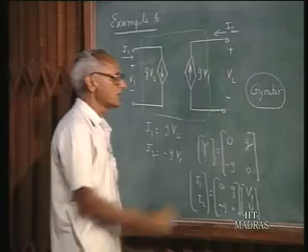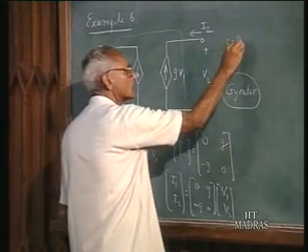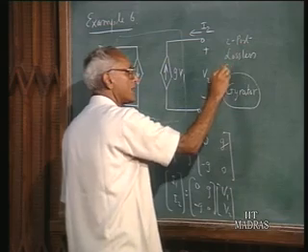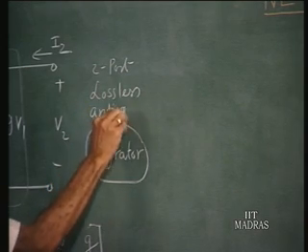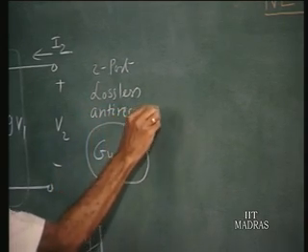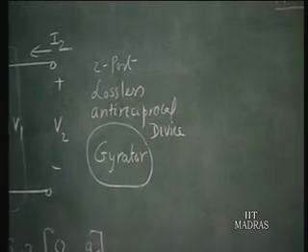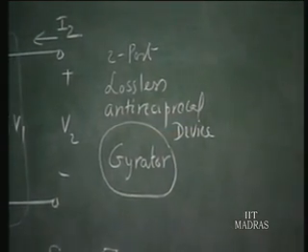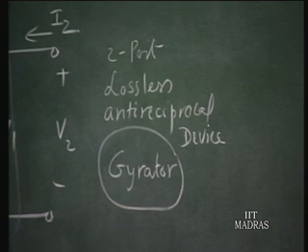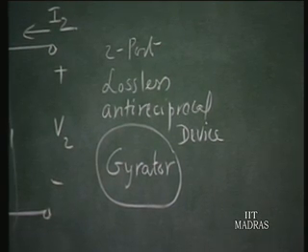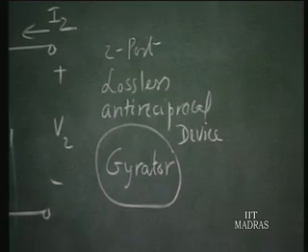This is a two-terminal pair, two-port, lossless, anti-reciprocal device which can be constructed with active elements. This is used in active network synthesis, design of active filters, but we will just note the terminal relations and leave it at that.